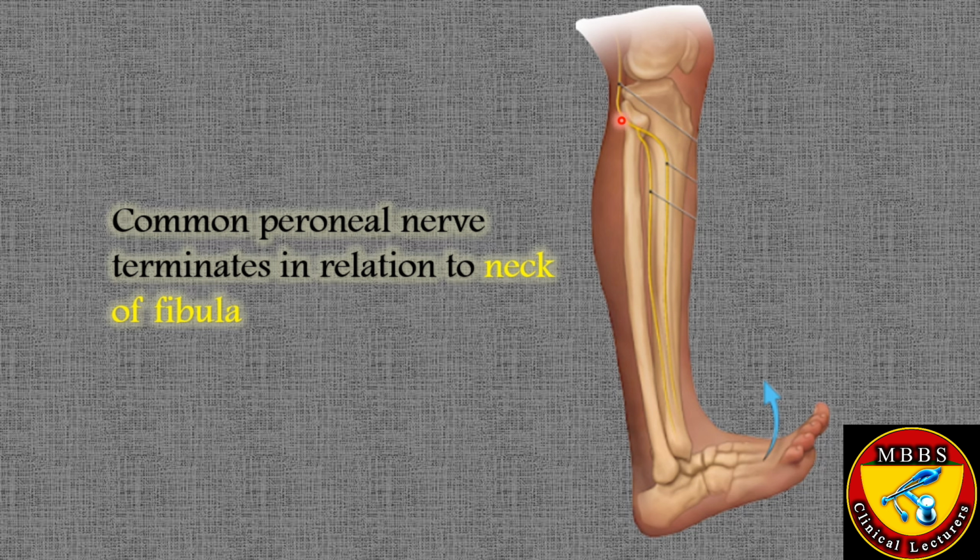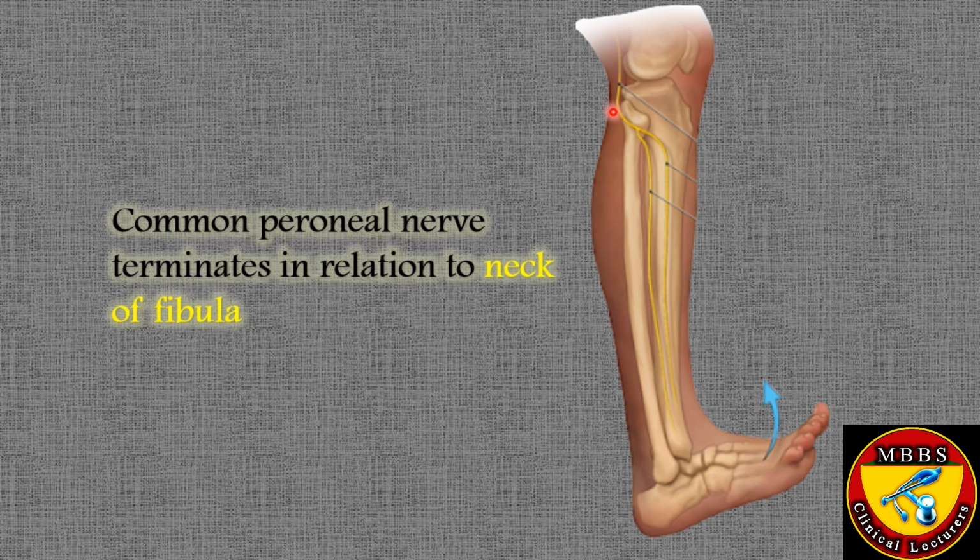So this region of the common peroneal nerve is in close relation with the neck of the fibula. This is a clinically important point because injury of the neck of the fibula is very common, and in this relation the clinical anatomy that is important is foot drop, which we will discuss in a while.